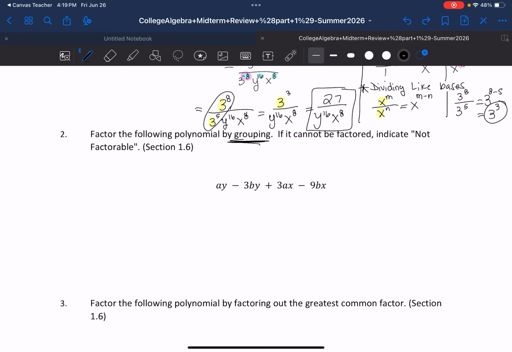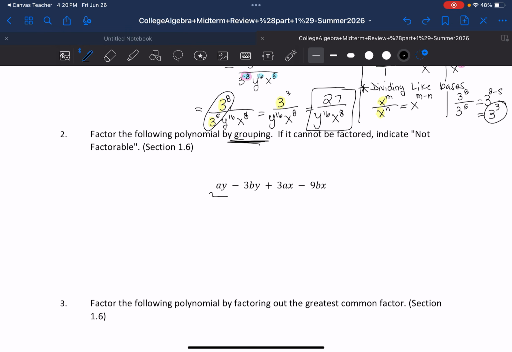And factoring means to write it as a product of 2 or more expressions. So right now, this is a sum and difference of terms, but they want me to factor it into a product of expressions.